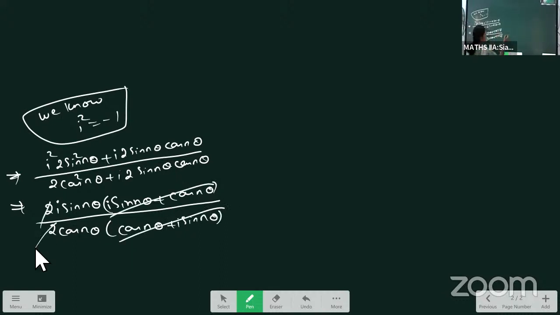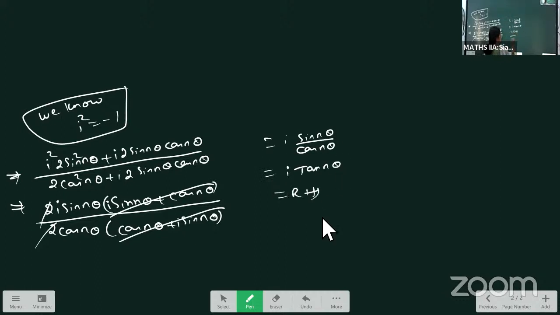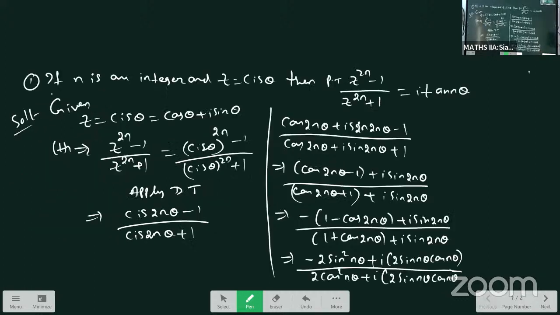So the left out one is i into sin n theta by cos n theta. So i into sin by cos is what? Tan n theta. This is nothing but RHS. So like this, we have to find out. The main thing: a minus value, we have to replace by i square. That is important.